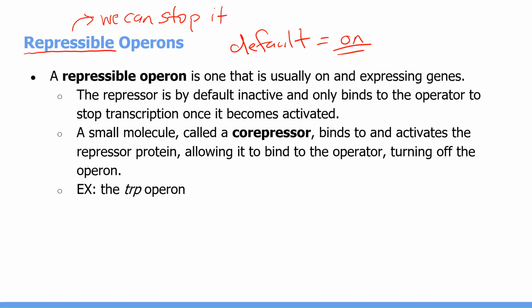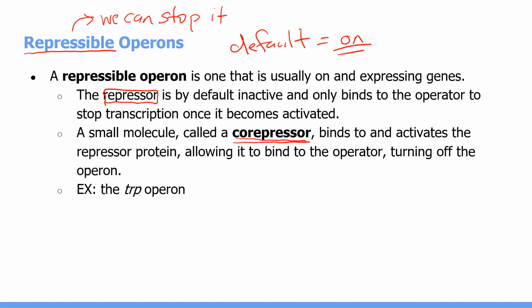That's one way I remember it. And when we're describing this repressible, we're actually describing what that repressor is doing. So that repressor is not attached to the operator, it is not active, and thus the expression is always on.